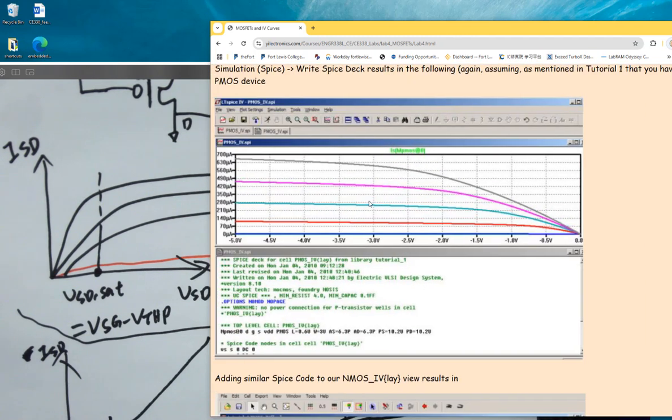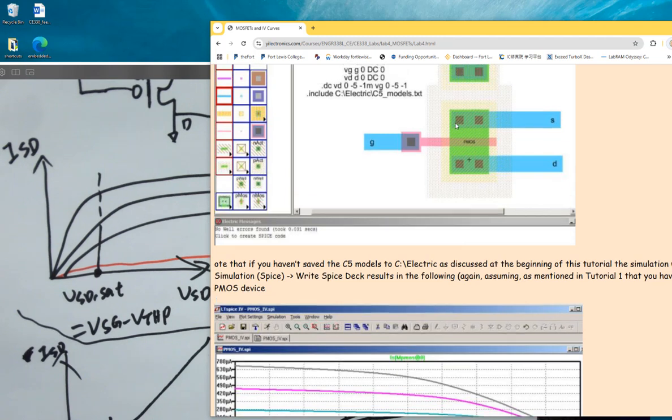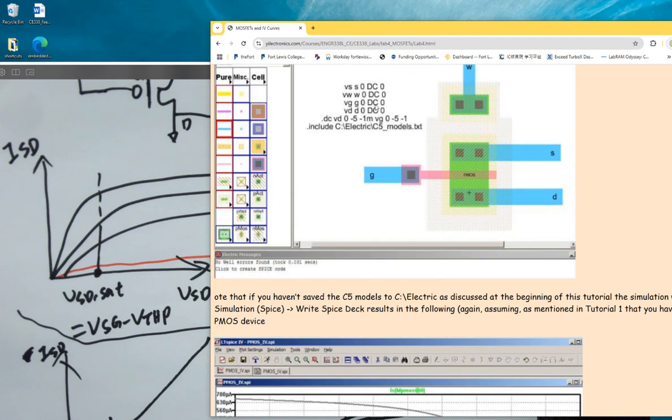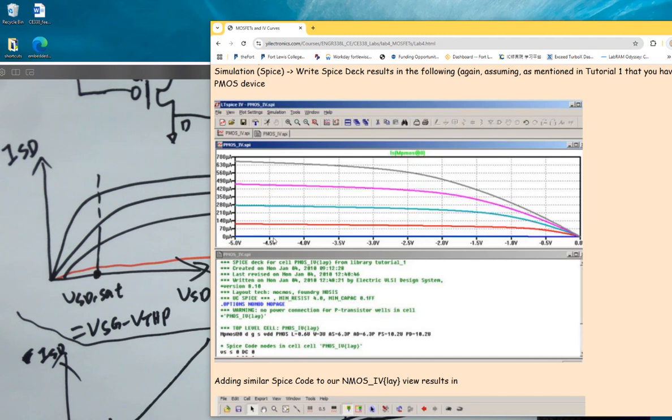Okay. So this one plotted the PMOS, which is this guy. Okay. And VD, let me take a look. It's from 0 to negative voltage.